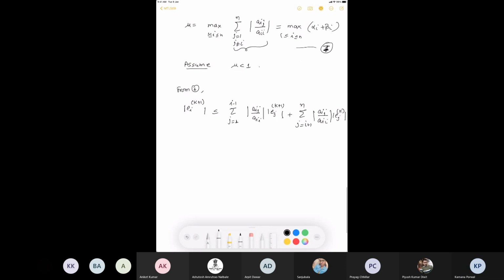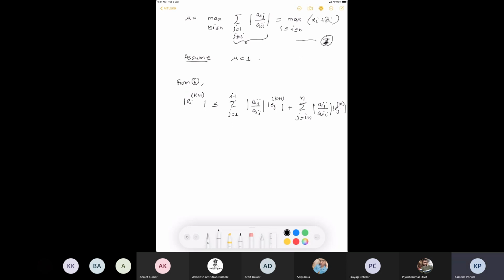Okay. So this term is less than or equal to the L-infinity norm of the error at the k plus 1th iterate, right? Because this is nothing but the maximum over all the ej's, where j is ranging from 1 to n. Likewise, this factor here is less than or equal to the L-infinity norm of ek, right?